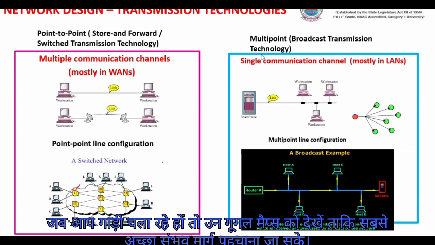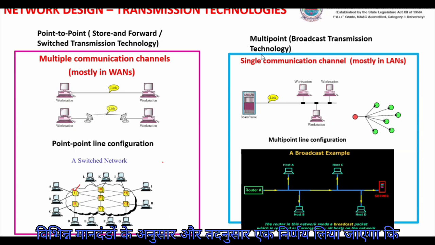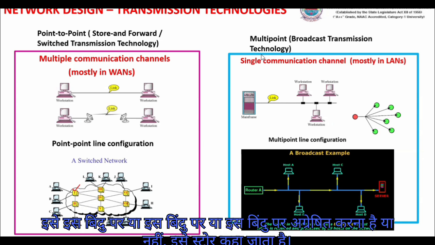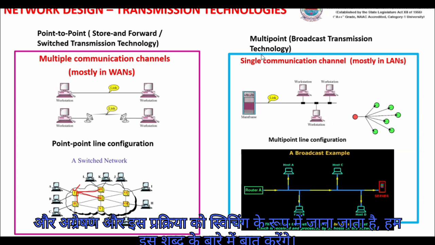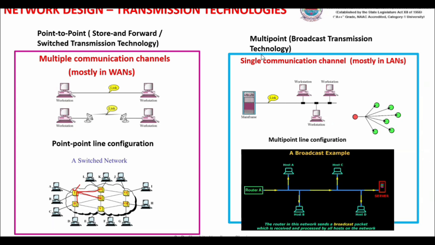That is what happens when you look into Google Maps when you are driving. The best possible path is identified according to various criteria, and accordingly a decision is taken as to whether to forward it to this point, this point or this point. So we call it store and forward, and this process is known as switching.